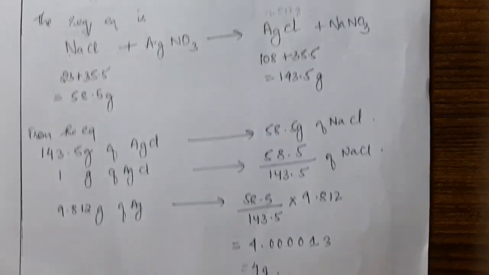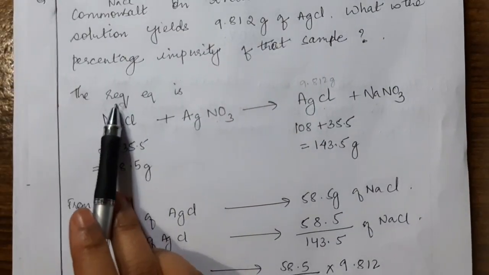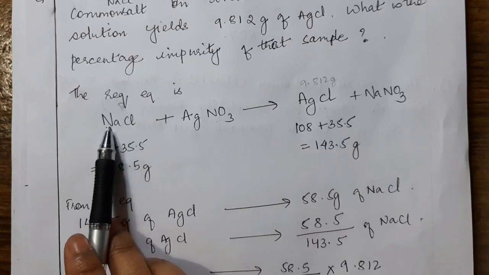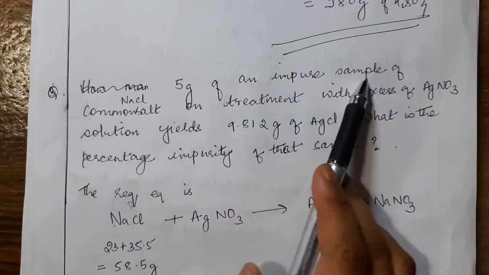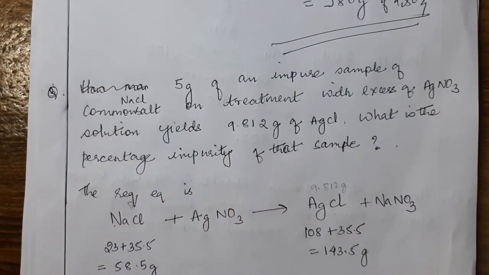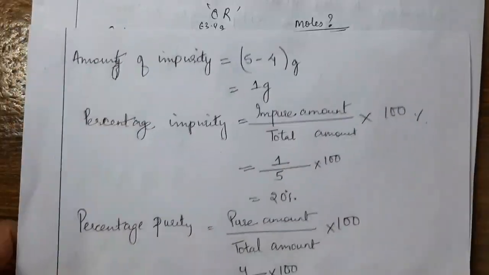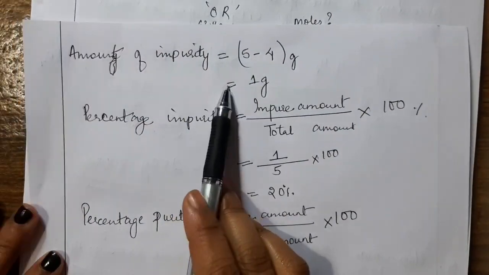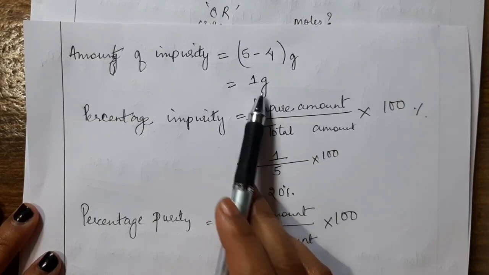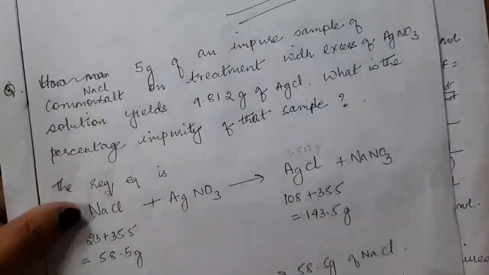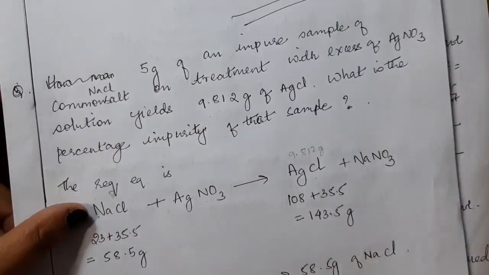So what we got here is 4 grams is the weight of pure NaCl. Impure sample was 5 grams. So how much is the impurity? 5 minus 4 grams, impurity we got is 1 gram. Now the question is asking, what is the percentage impurity?